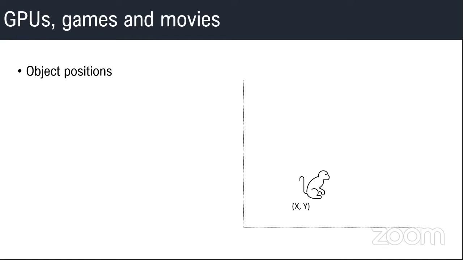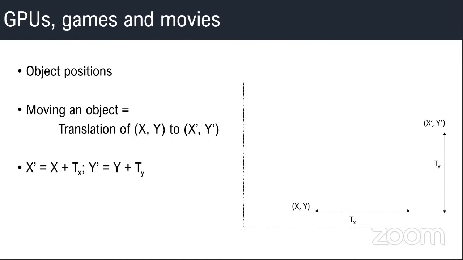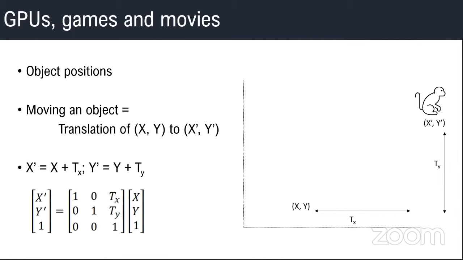What you do is you decide how much to move in the X direction and how much to move in the Y direction. And if it's 3D, you will have one more dimension to add and so on, right? Here in this case, I will move TX in the X direction and TY in the Y direction to reach the new location, correct? Which is nothing but matrix transformation. You take the initial coordinates and multiply it with this new transformation matrix, and what you get is the new coordinate.